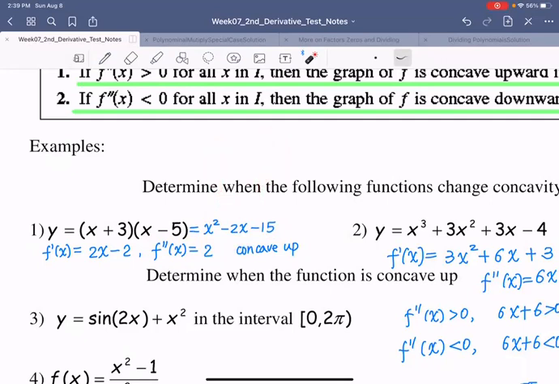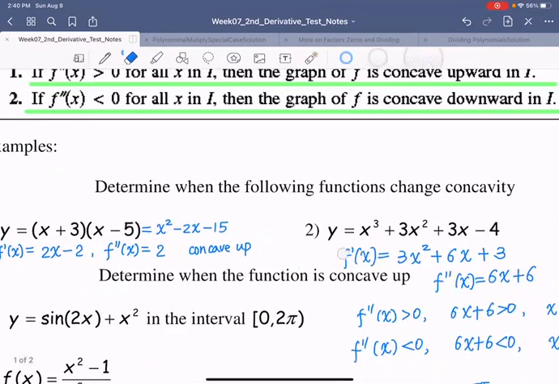So for those polynomials, second order, like a parabola, opening up is concave up. Opening down is concaving down. But the question will not be so simple when you come to polynomials of third degree or fourth degree, okay? When you have trigonometry involved, it's going to be more complicated. Now let's do the second one.